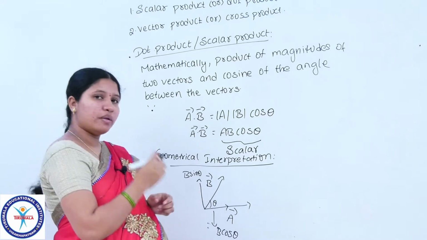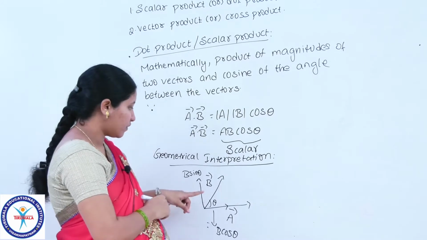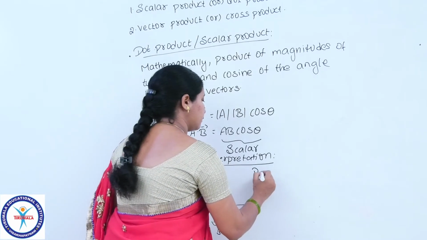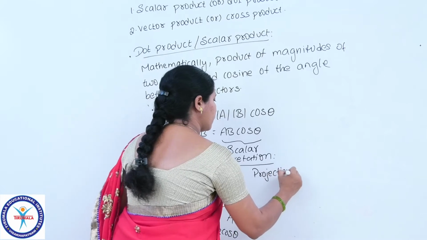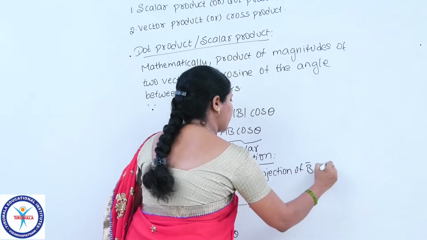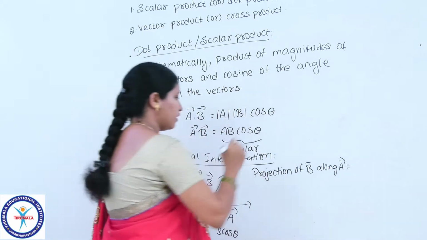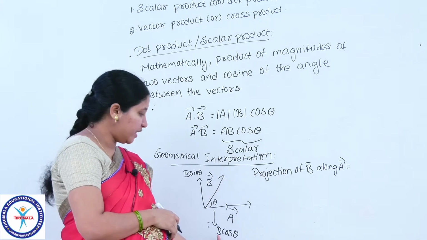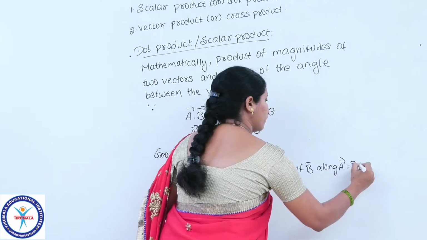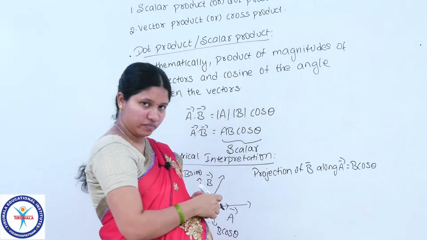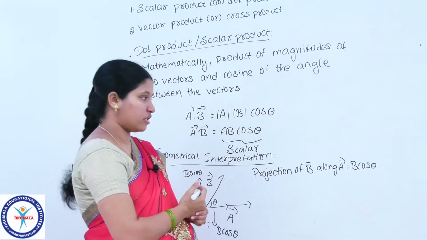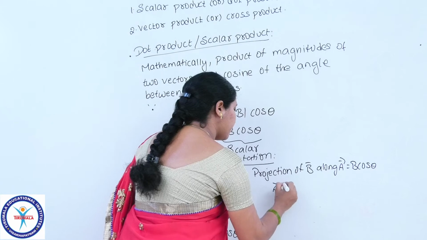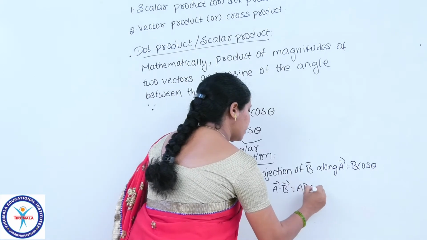Now I need the projection of vector b bar along a bar. What is that projection? It is nothing but the horizontal component, that is b cos theta. So the projection of b bar along a bar is b cos theta. We already know the formula a bar dot b bar equals ab cos theta.